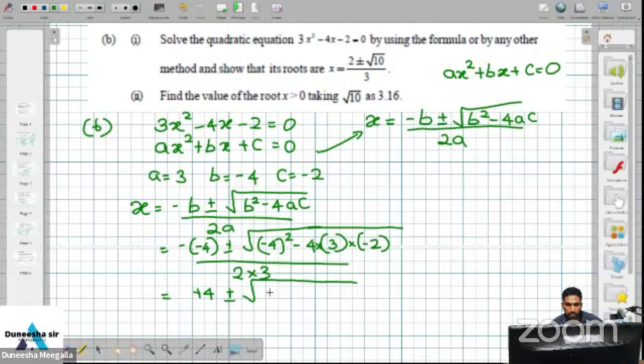Minus 4 squared is 16, minus 4 multiplied by 3 is 12, 12 multiplied by minus 2 is minus 24.